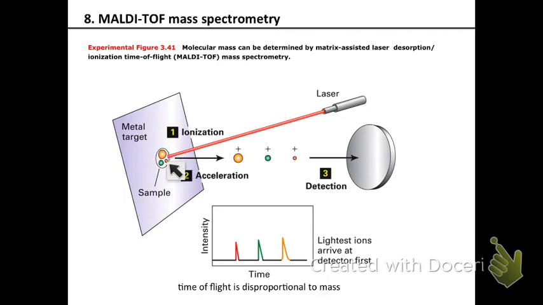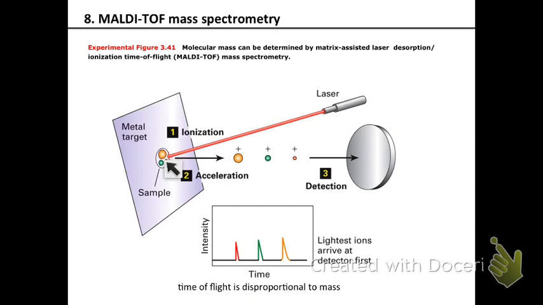So what you do in this case is you have a little metal plate where you place your sample. So your sample is a mixture of proteins or peptides, right? And then you use a laser to ionize the peptides on this plate.